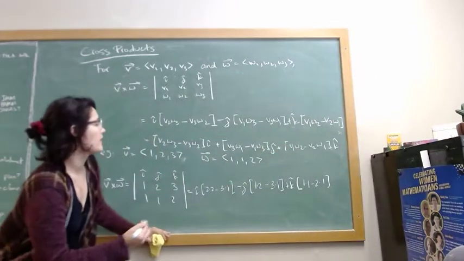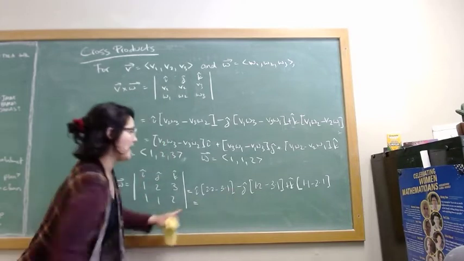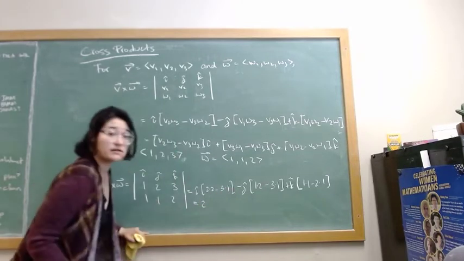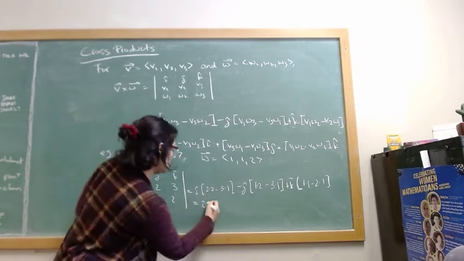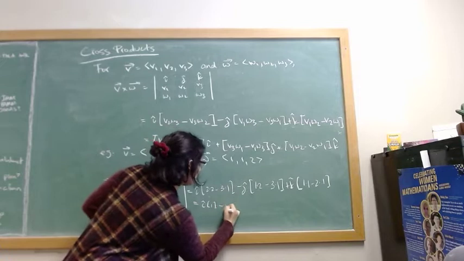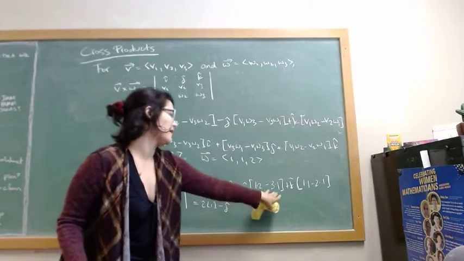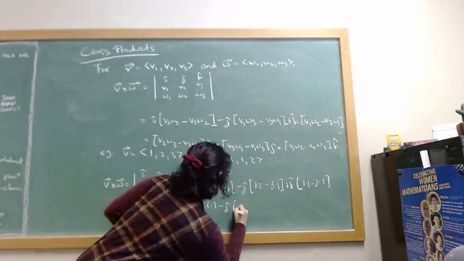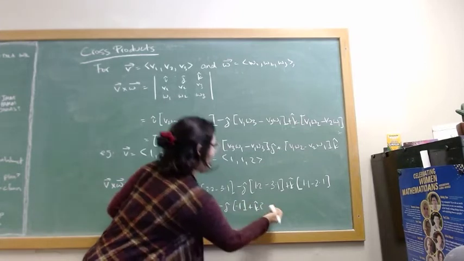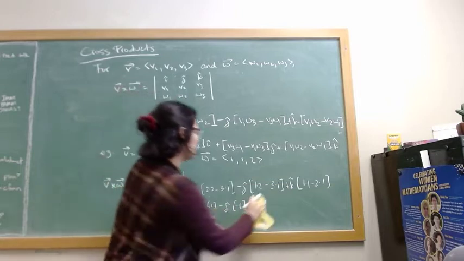And then if I simplify all that, I'll get i hat times 4 minus 3 is just 1. Minus j hat times 2 minus 3 is minus 1. Plus k hat times 1 minus 2 is again minus 1.